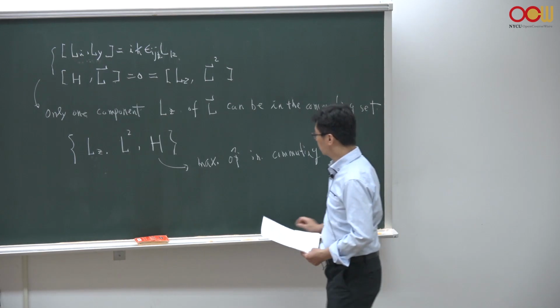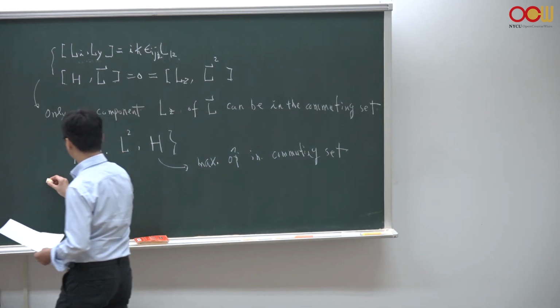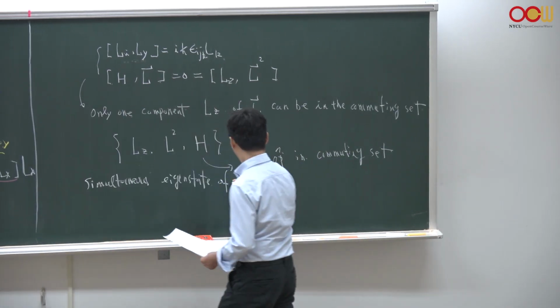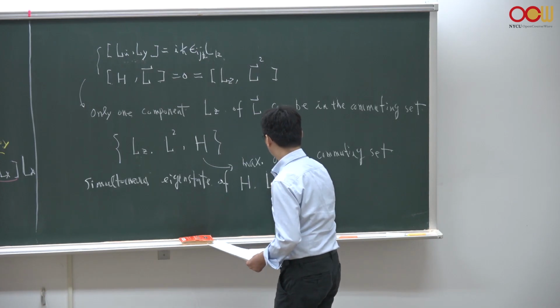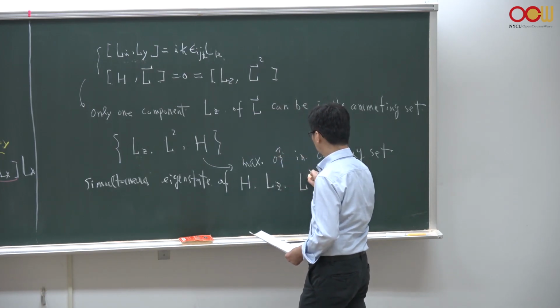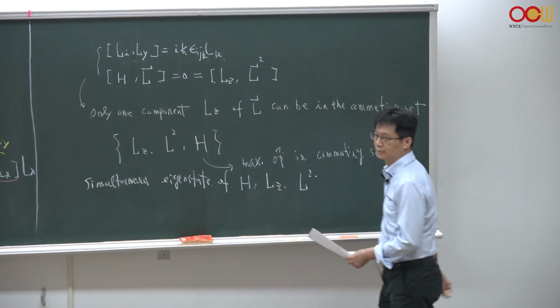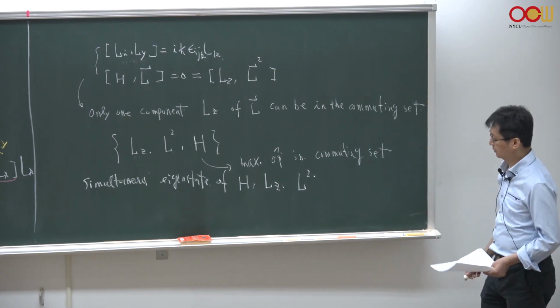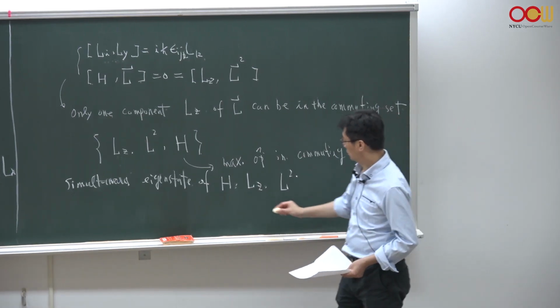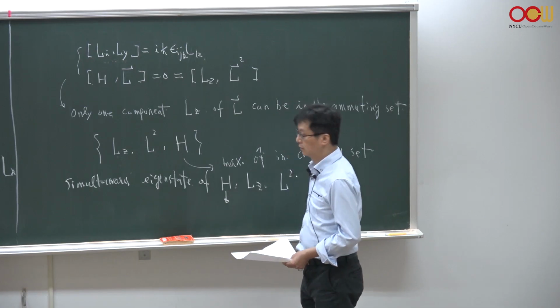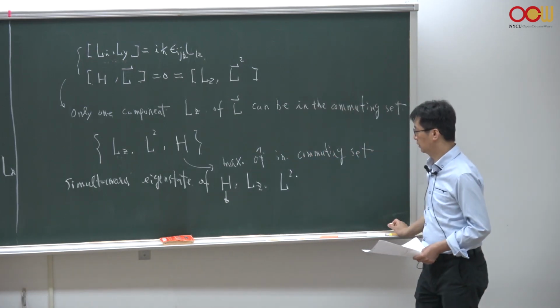As a result, we have a simultaneous eigenstate of the Hamiltonian, Lz, and L squared. And this is very important, as we will see later, that there's an eigenvalue associated with all three operators.